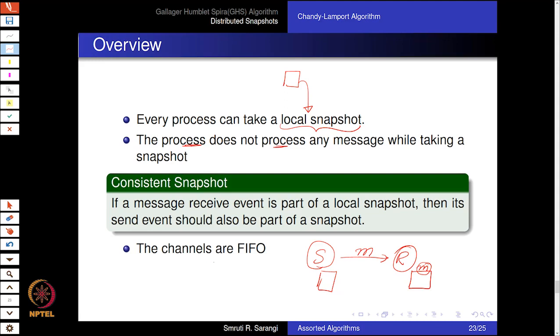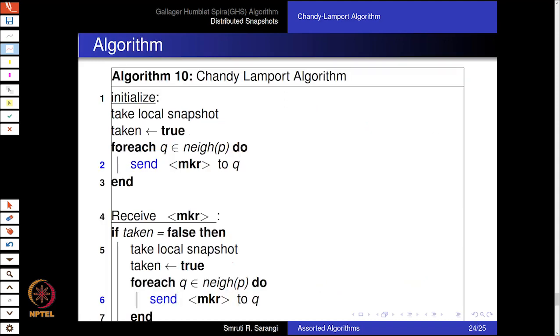So let's do that. We'll use the Chandy-Lamport algorithm, which is very simple. The only assumption it makes is that we have FIFO channels. FIFO is first in first out, in the sense that if A sends messages to B, the messages are not reordered. So the algorithm is like this: we take a local snapshot, set taken to true, and for each of our neighbors we send a marker.